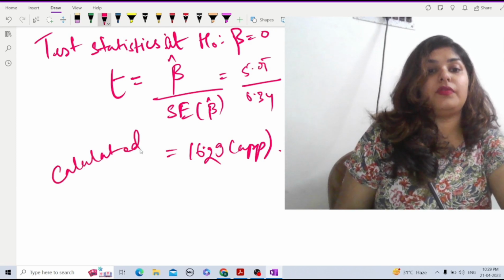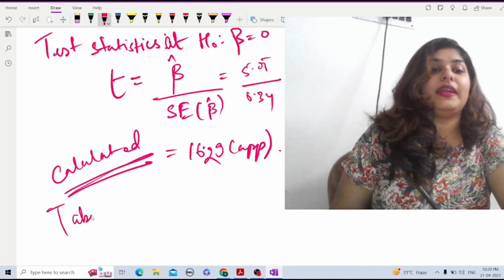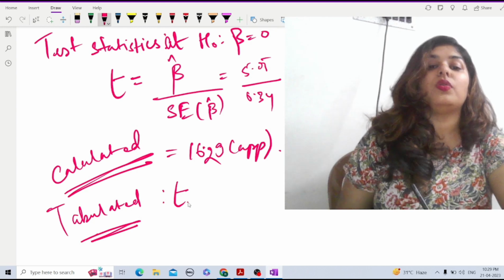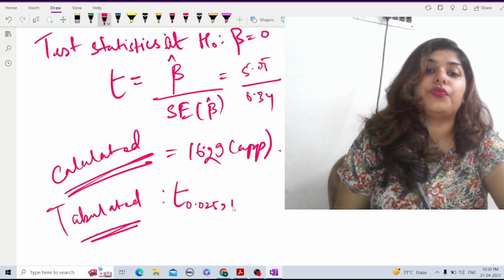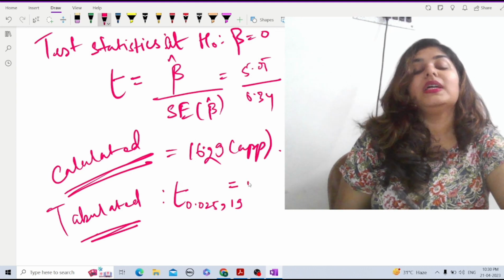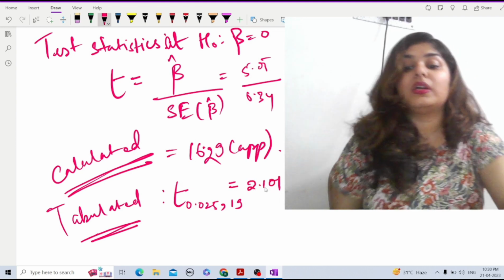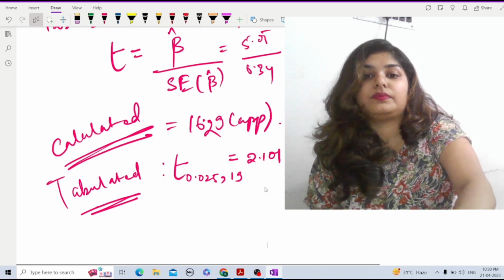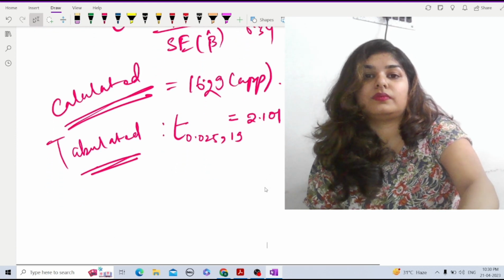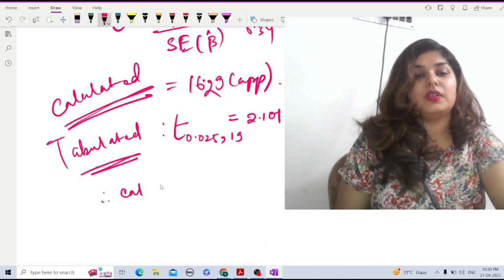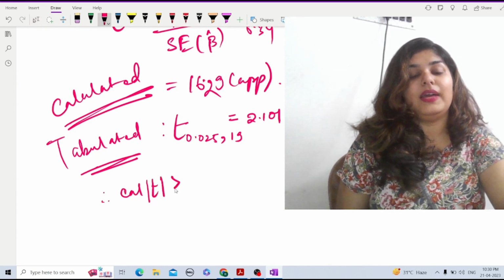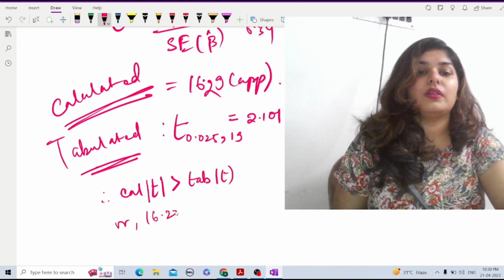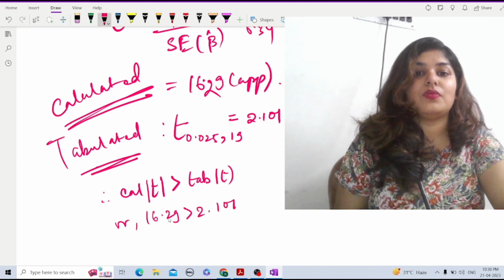I have to find out the tabulated t. So what is the tabulated t? We have already got it: tabulated t at 0.025 with 19 degrees of freedom is equal to 2.101. So clearly here the calculated t value is greater than the tabulated t value, or 16.29 is greater than 2.101.